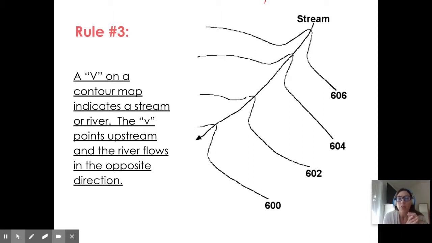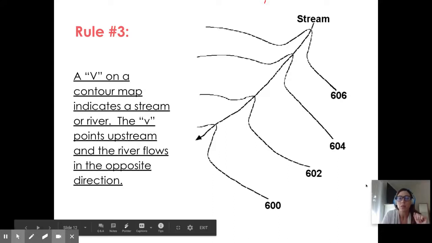You can also tell the direction the river is flowing, because the V's point upstream. The river flows in the opposite direction of the way the V's point. So that is the rule about the V's.